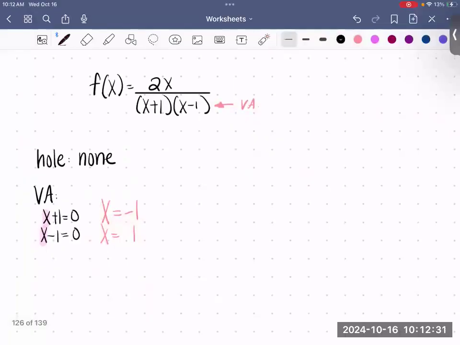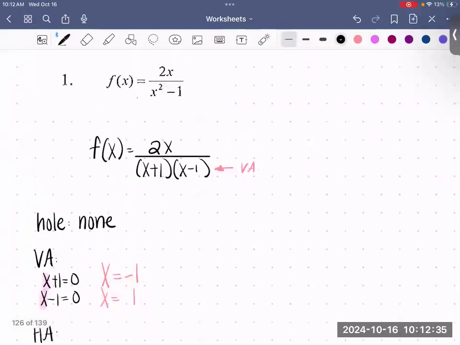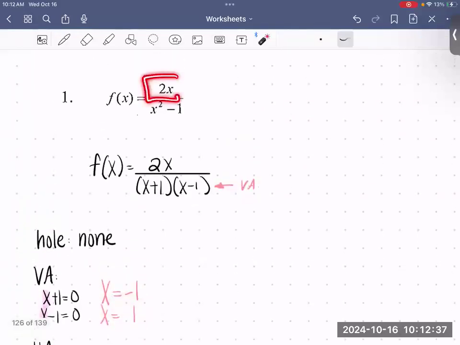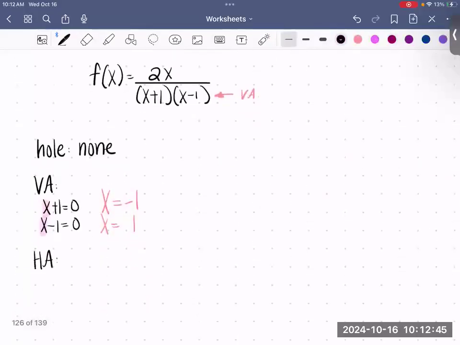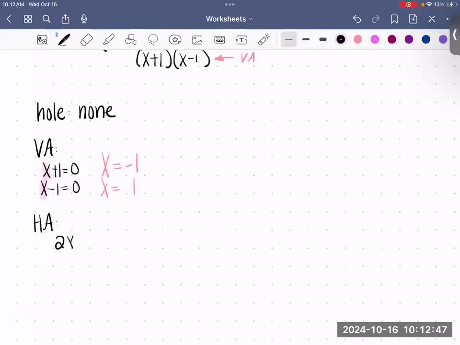So let's now try and figure out your horizontal asymptote. Now your horizontal asymptote, we actually take a look at the beginning. We'll take out your leading terms. Your leading terms are important because they tell us a lot of information. So we'll pick out your leading terms. We have 2x over x squared here. And what we're really looking at is the degree. Now there's 3 cases.